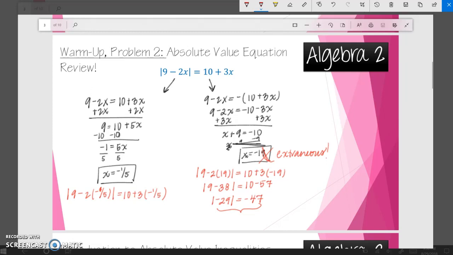So if we were to input what is inside the absolute value bars here, if I plug into my calculator 9 minus 2 times negative 1/5, I'm going to get the absolute value of 9.4. If on the outside I take 10 plus 3 times negative 1/5, I'm also going to get 9.4.